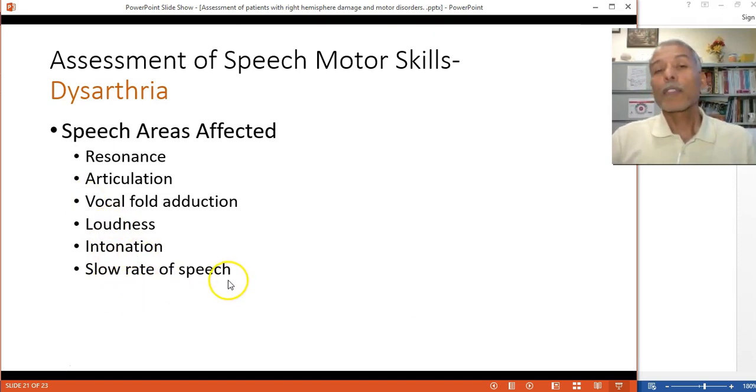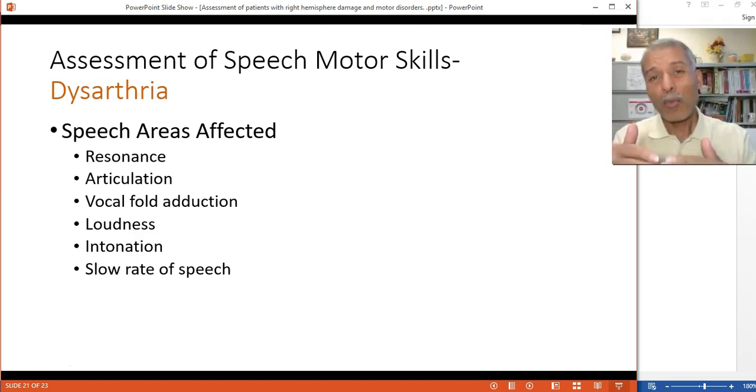Also, the person will have a slow rate of speech because of all the muscular weakness. You have to use about 90 muscles to make a single word. Imagine all of these muscles have weakness, some more than others, and that's going to produce slow, labored, monotonous speech.